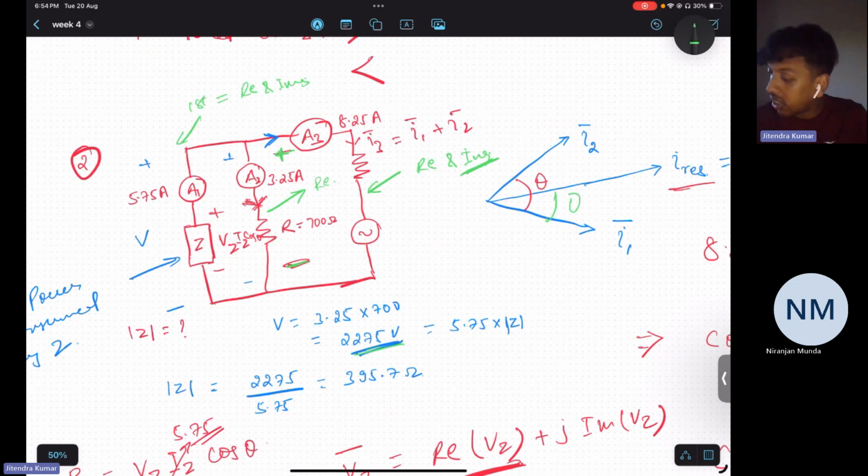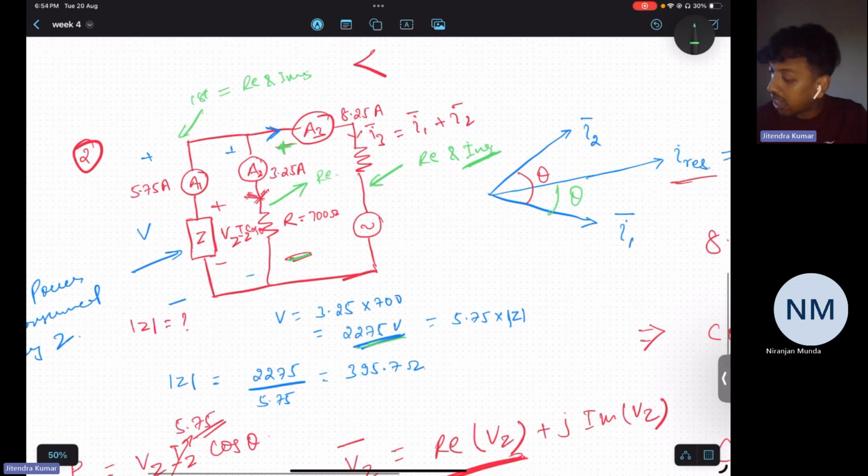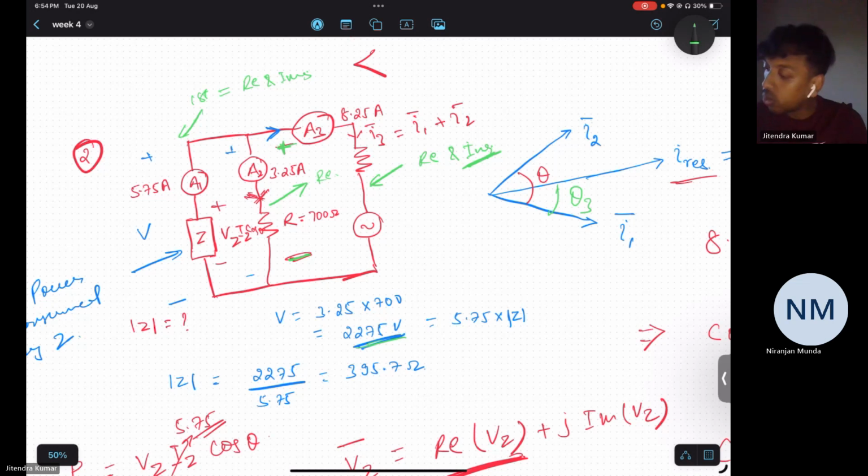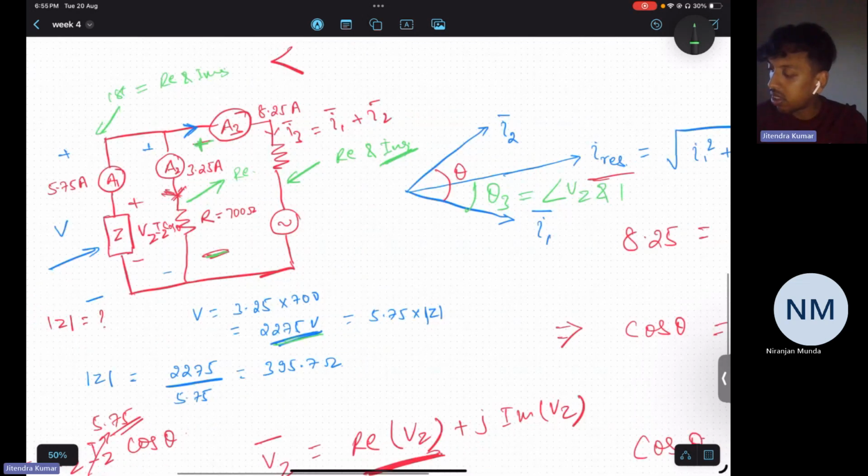So this is theta 3, you can say between I1 and I3. Whatever angle comes between I1 and I2, the same angle will be between Vz and I1. And if you want to calculate, we are going to use this theta 3, it will be nothing but between Vz and I3. Are you getting it, Niranjan?